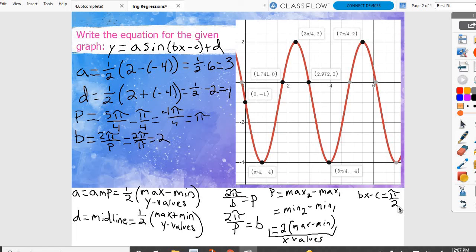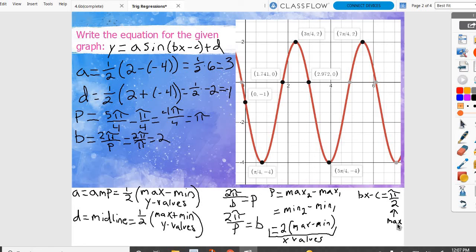What would I want to set it equal to if I wanted to use the minimum? Where does sine have a minimum? You just add pi, which gives us 3 pi over 2. So because I'm using a maximum, I'm putting it equal to pi over 2.